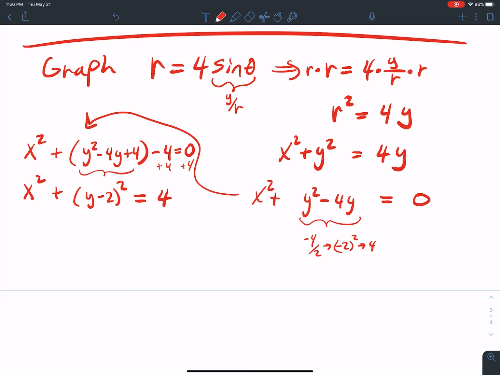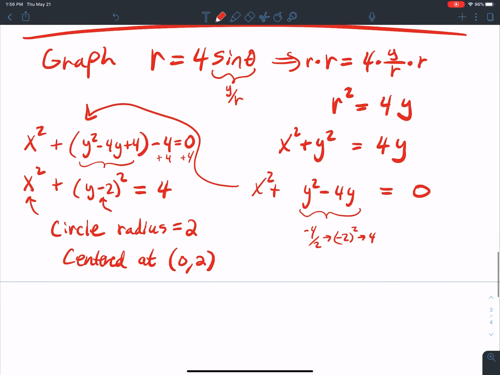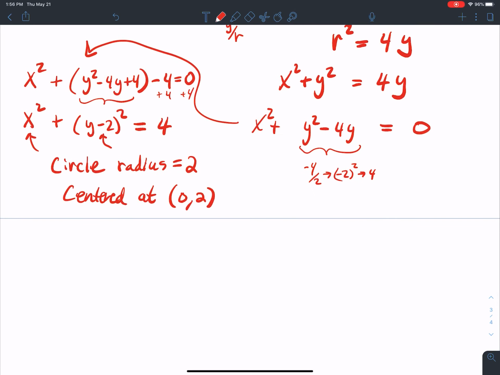Now 4 is equal to 2 squared. So this is a circle with radius equal to 2, centered at, well, the x value is 0, but the y value we're shifted up 2.